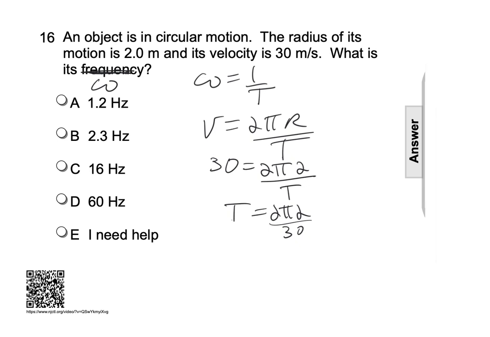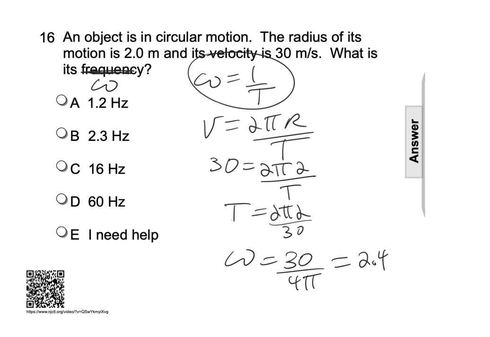So omega is 1 over t, like I said. So omega, just flip that, 30 over 4 pi. 30 divided by 4, divided by 3.14. Be sure you put that in parentheses. Is 2.4. I get 2.38.